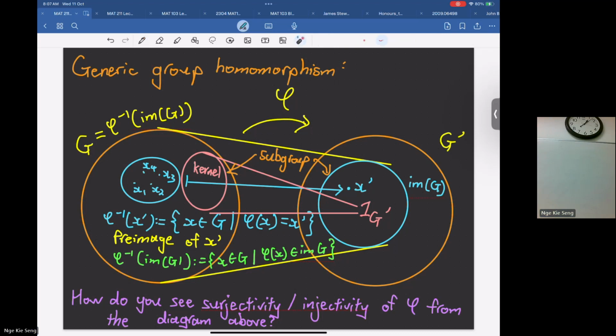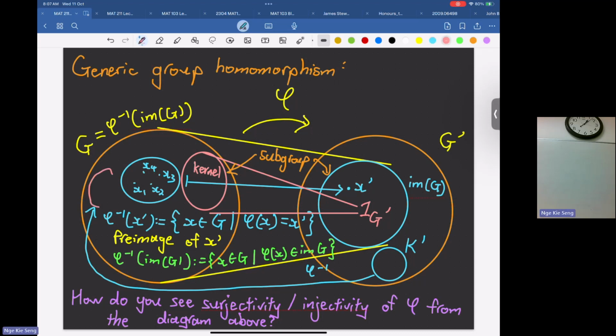And if you look at the inverse image of a subgroup, let's say we have a subgroup K in G prime, and we look at phi inverse of K, it also forms a subgroup.